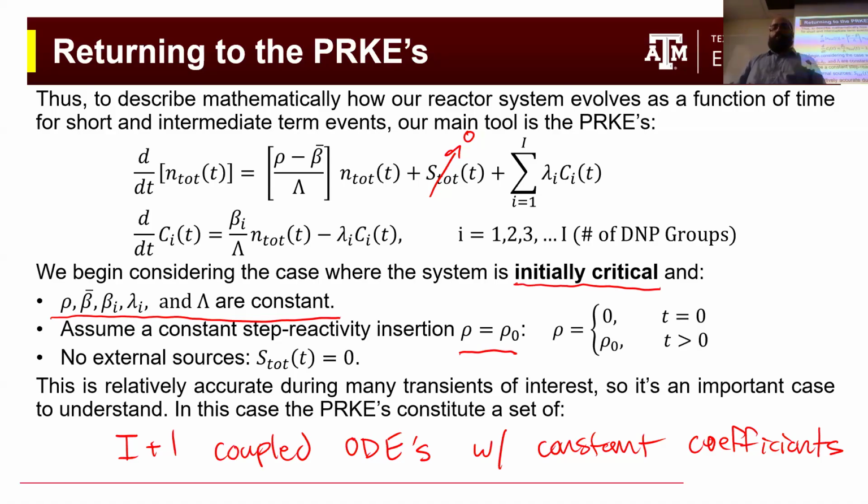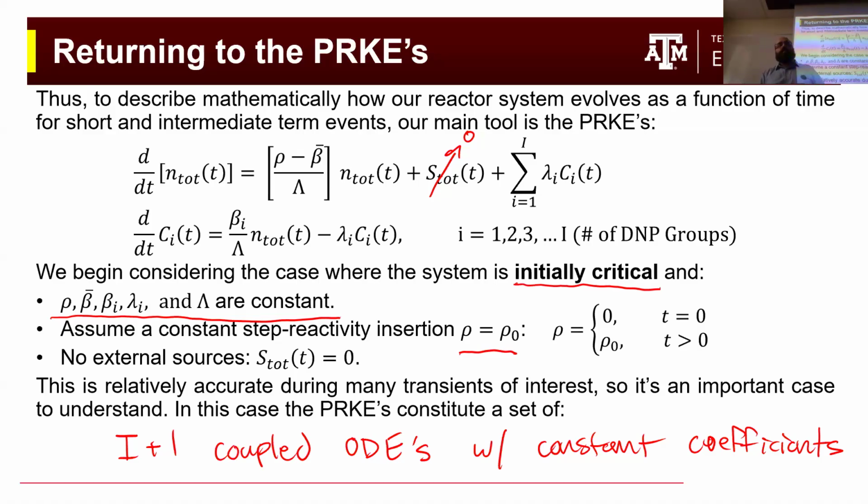If the reactor is initially critical, what does that mean about any rate of change terms at time zero? If they were equal to one, that would mean that there would be some change in the population.